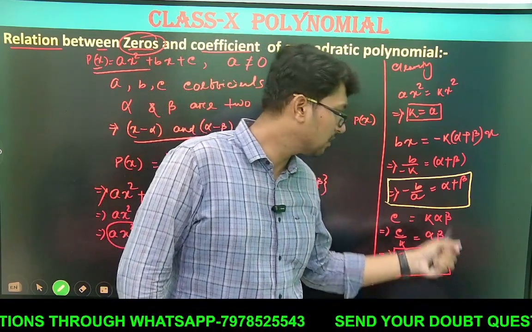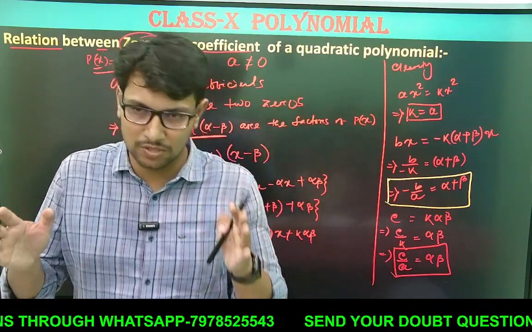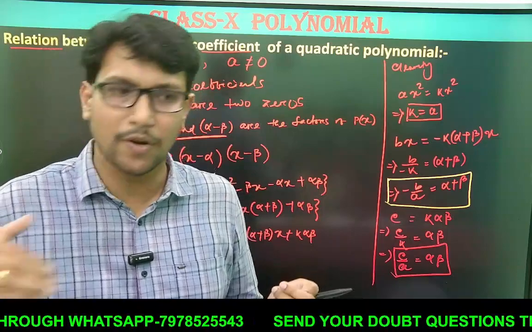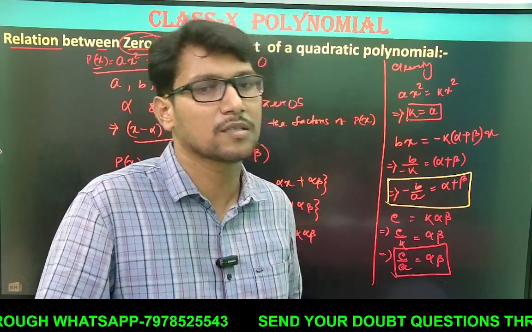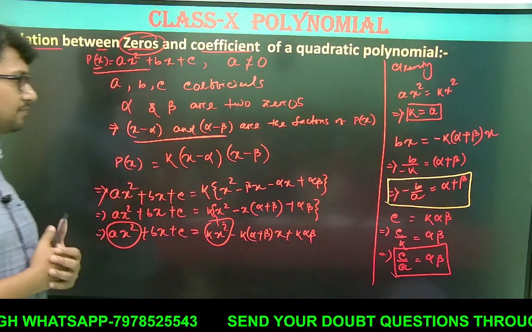Product of zeros, and the sum of zeros has come. This is the relation between zeros and coefficients. One is the sum of zeros, minus b by a. What is the product of zeros? Clear or not? Have a look. Where is the doubt? Tell me.